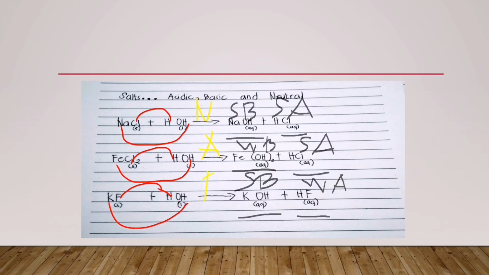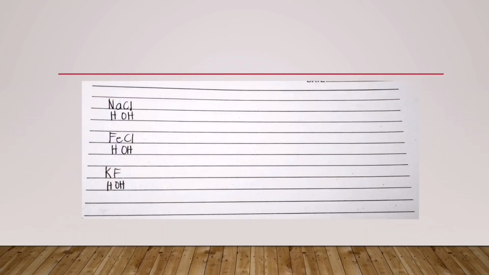So this is a basic solution. Have you understood it, guys? So this is the long way of determining whether salt solutions are acidic, basic, or neutral. So let's proceed to the next slide.